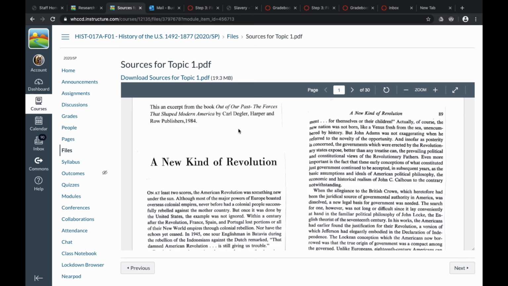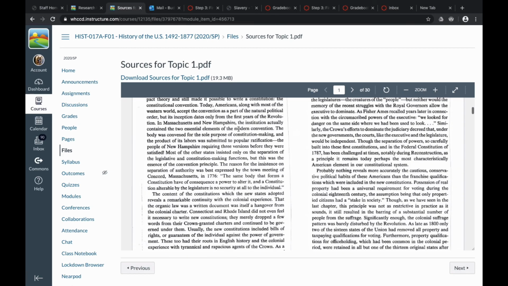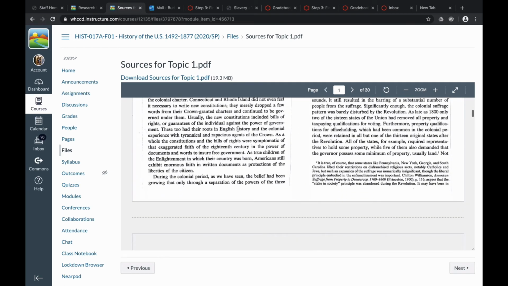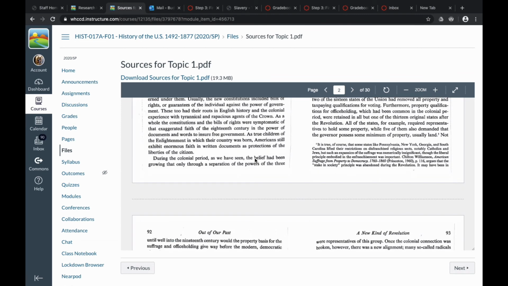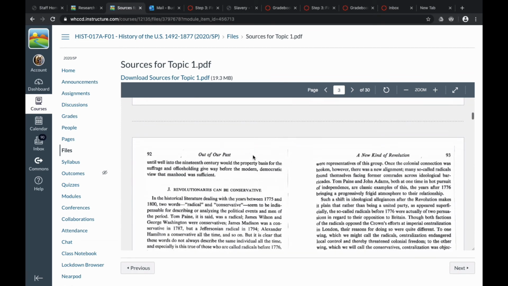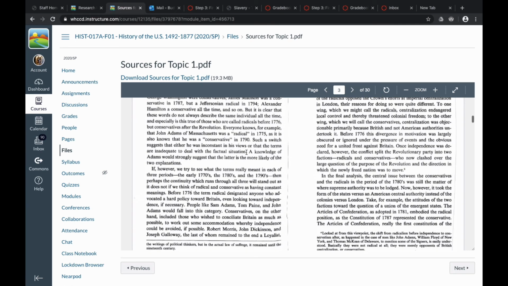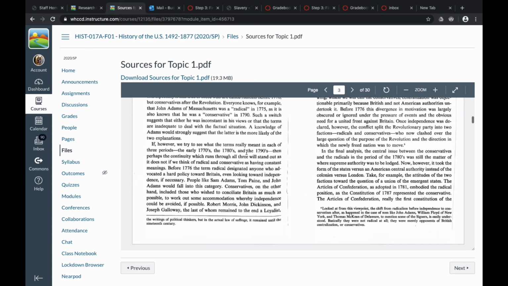But here's Carl Degler, one of your required sources, and you're going to read this all in depth and detail, and you can print this or save it, but you should be underlining things, making notes, again, keeping your prompt in mind so that you can have detailed notes about what this author's viewpoint is regarding whether the American Revolution was conservative or whether it was radical, and not only what he's saying, but how he says it, how he presents it, and how he supports it.